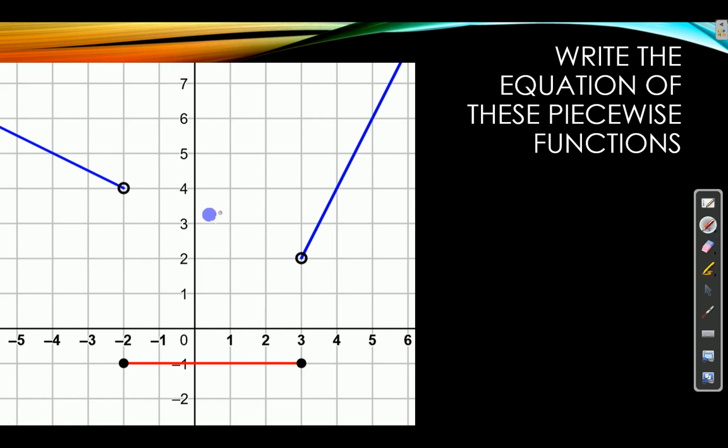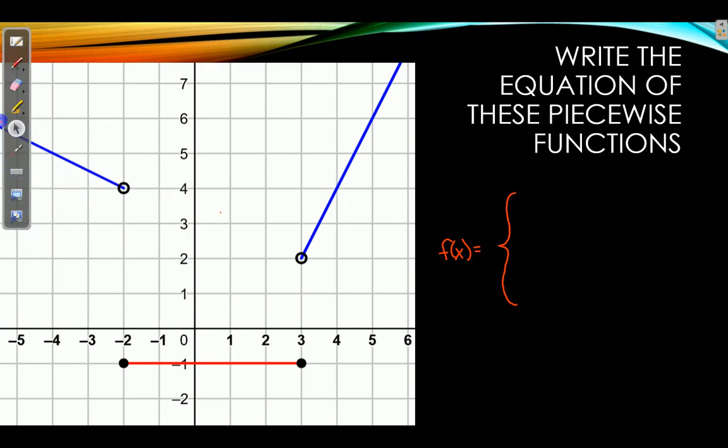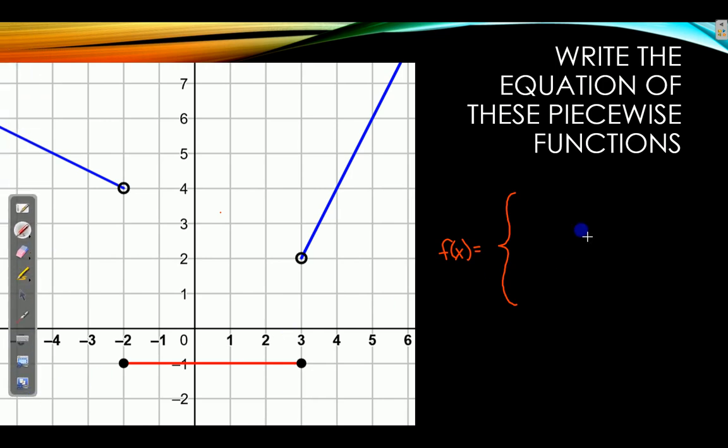First, you need a name. So I will just call this one f of x is equal to, it's going to take 3 equations, so make a nice big bracket for our 3 equations here. Alright, so first one, I take a look at my graph here.